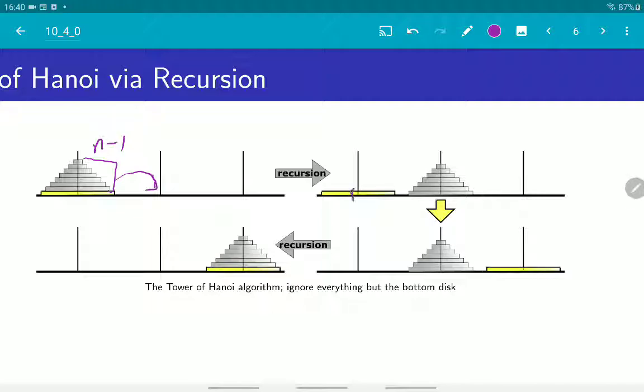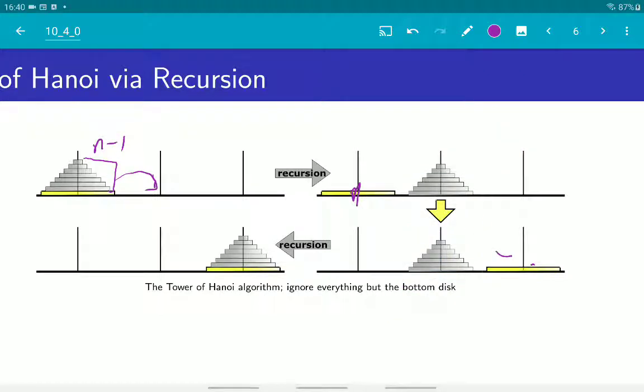Now this disk on the left side is a single disk, so we can move it directly to the peg on the right. And now finally we take those n minus 1 disks and we move them to the right as well. Again, this movement of the tower of n minus 1 disks is done recursively. Now, all you have to convince yourself is that if you do this algorithm, you're always going to make legal moves.